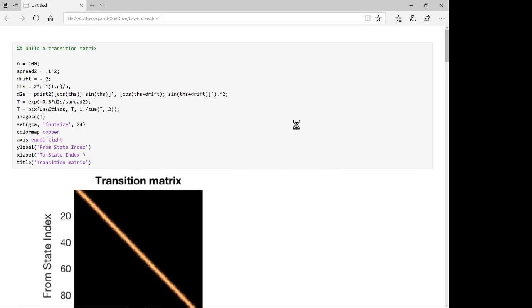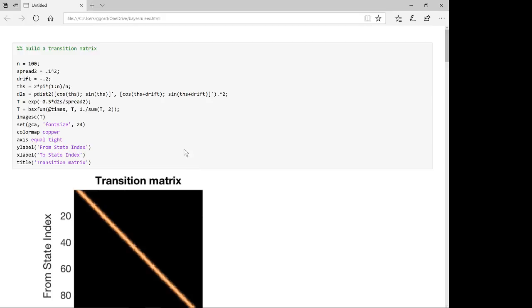By the way, this page is linked from the syllabus post on Piazza, so you can download it and follow along. I'm setting up an example where we can use Bayes' rule over and over again to determine something interesting. I encourage you to take a look at the code and make sure you can follow along with it as well.